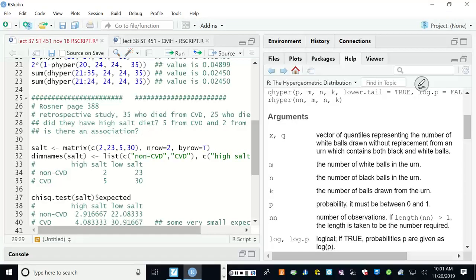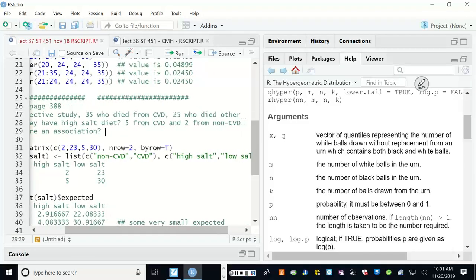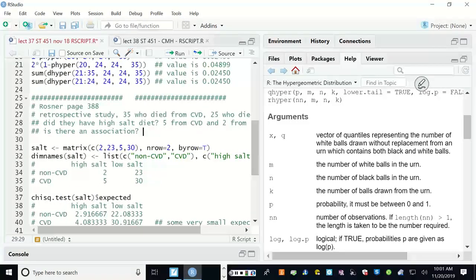Well, probably observational studies. We had people dying of CVD and then others, and then somebody looked back and said, well, why are these people dying of this? And others are having strokes or cancer or something different. Is there an association? And so there were 25 non-CVD and 35 CVD deaths, and this is how many had high salt diets or low salt diets.